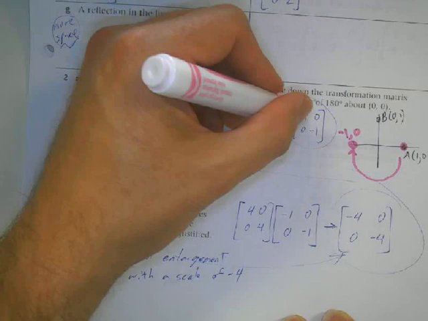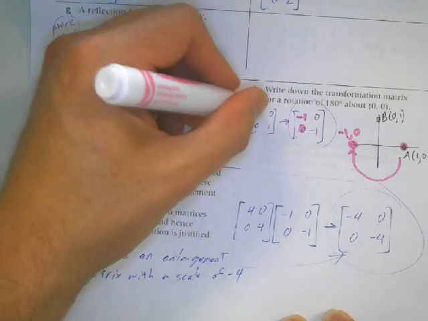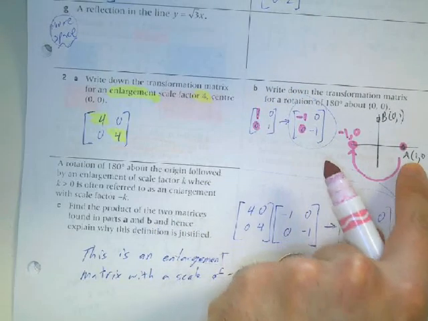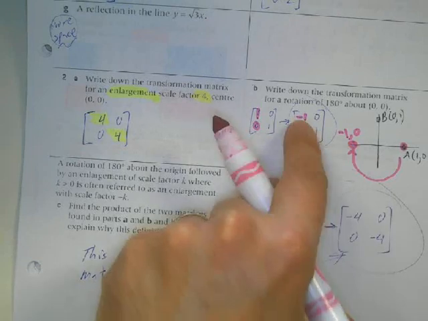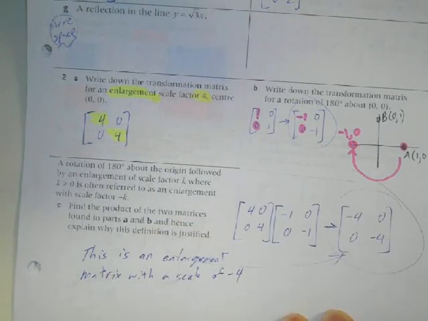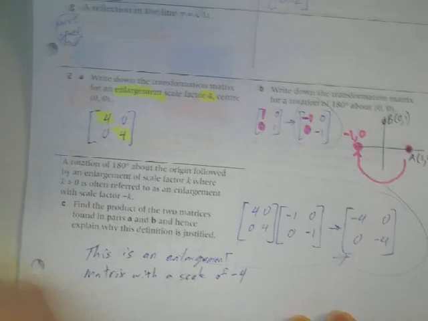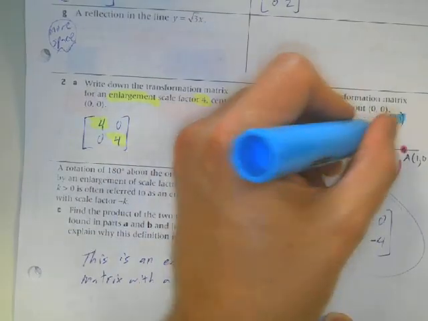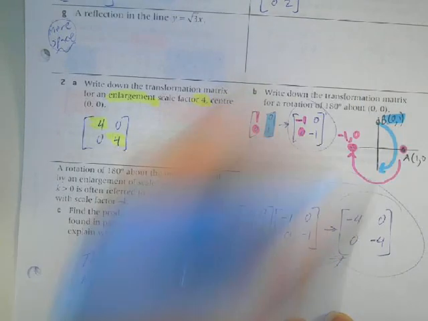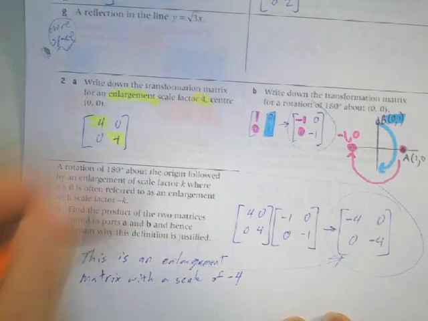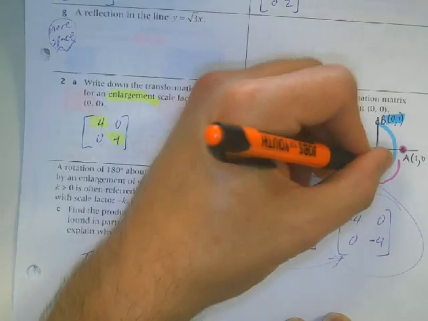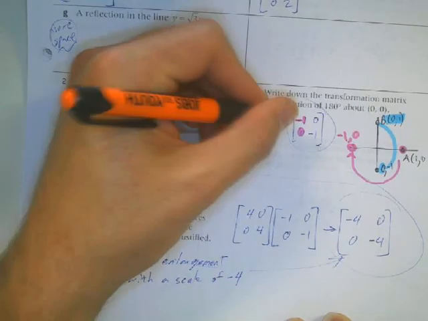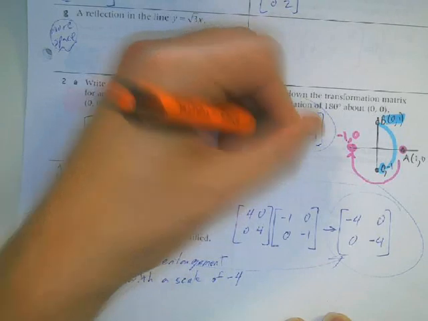So -1, 0. So my original position is 1, 0. My new position is -1, 0. My B value, which is 0, 1, is now going to rotate over to here. And so this new position is going to be 0, -1. So that's why I have 0, -1.